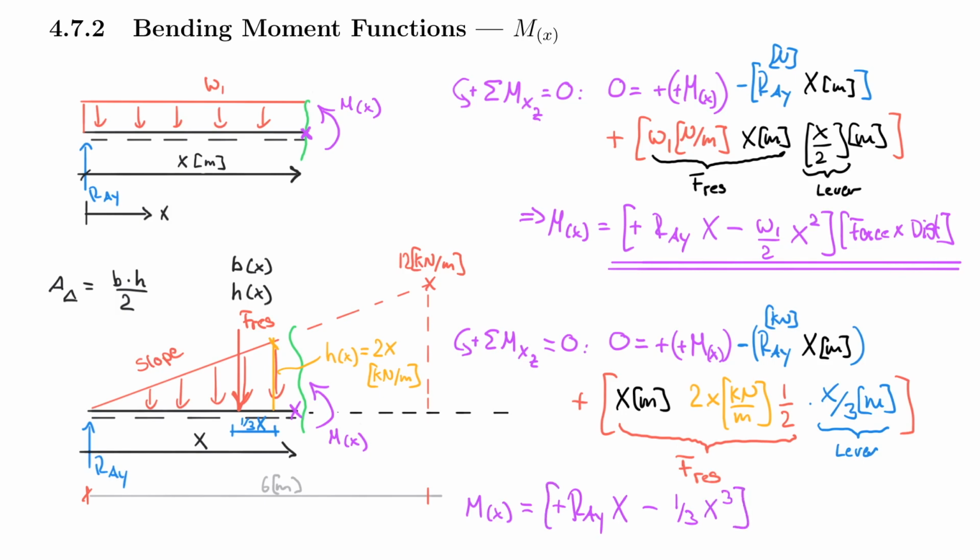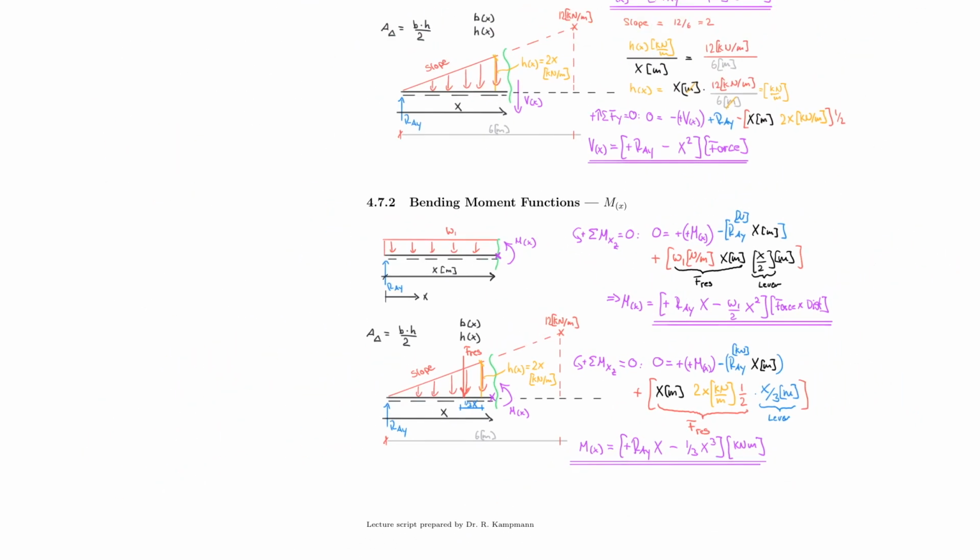And the whole thing is also in force times distance units, but here I used kilonewton meter. So I'm just going to stick with that. And that is my result, which I, as always, double underline. And that therefore completes our moment calculation for a non-evenly distributed force, actually for a sloped distributed force or a triangular distributed force.